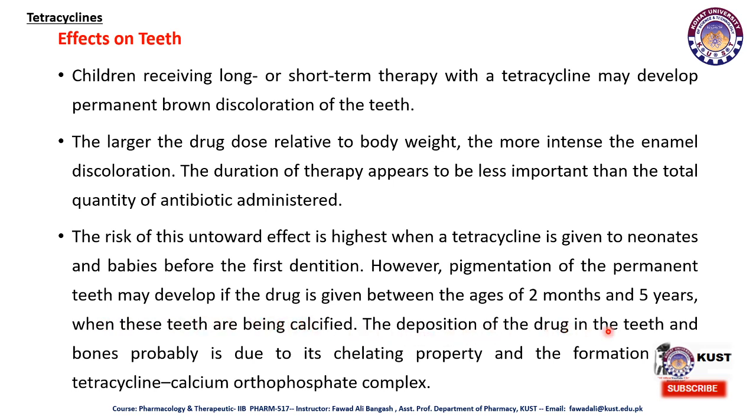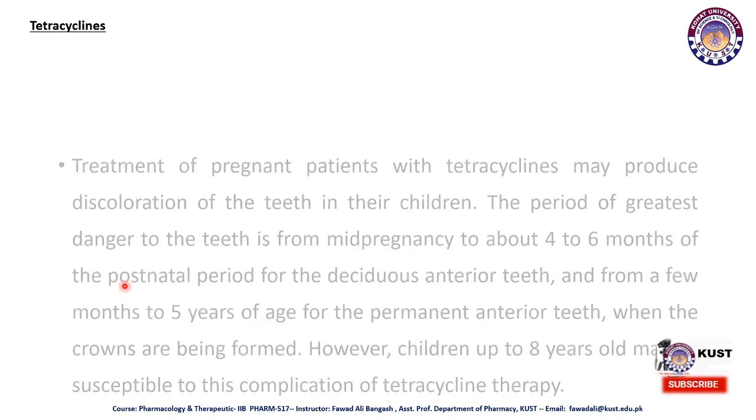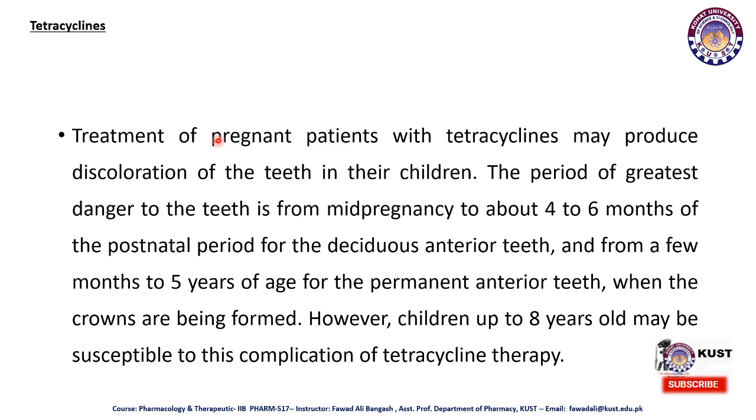The deposition of the drug in the teeth and bones is probably due to its chelating property and the formation of a tetracycline calcium orthophosphate complex. Treatment of pregnant patients with tetracycline may produce discoloration of the teeth in their children.